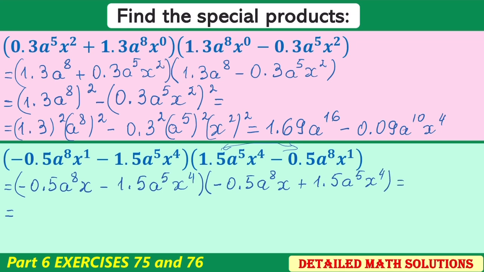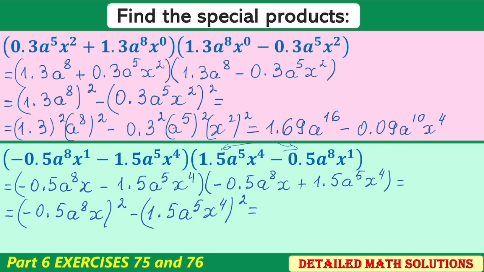This way, I can use the formula, and when I do that, it equals minus 0.5 a to the 8th power x in parentheses squared minus 1.5 a to the 5th power x to the 4th power in parentheses squared.